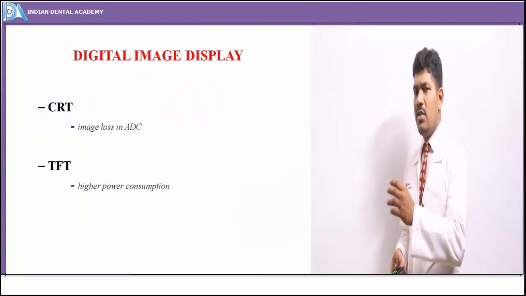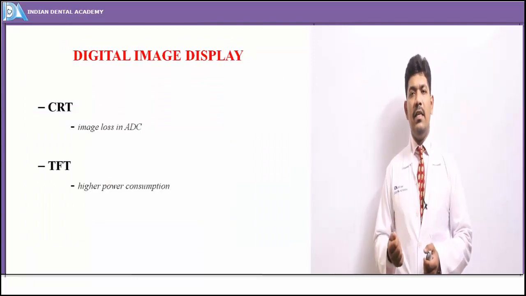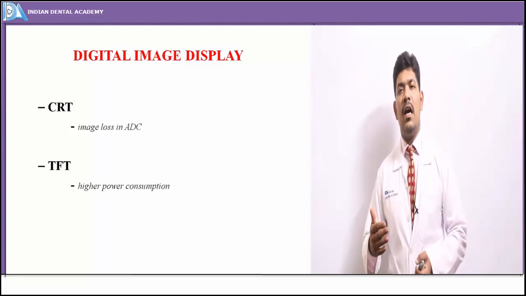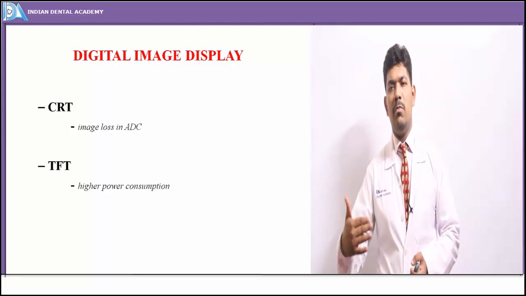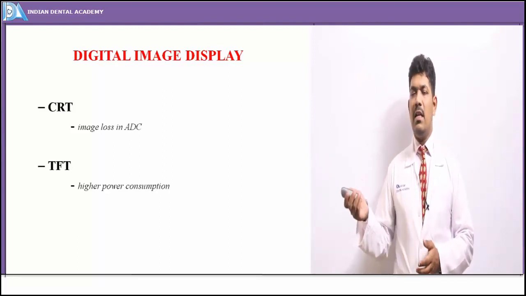Now after the image is totally taken up by the ADC, that is the analog to digital converter, these digital signals have to be displayed on some kind of monitor so that we can read out the total image. Now that is done in two ways.